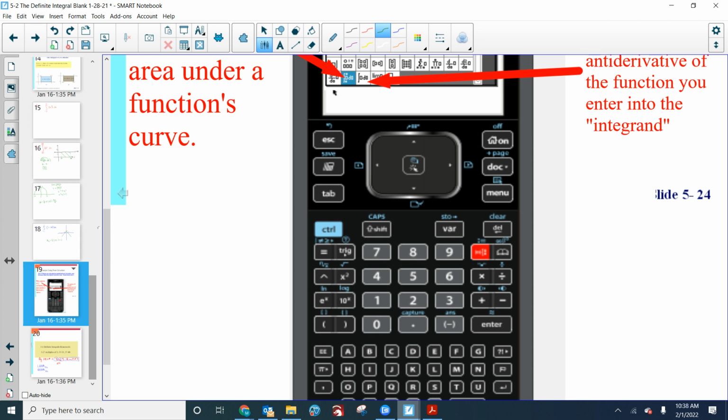What's its input? A of x. What's its input? X. And what does x mean in the context of this problem? What was x in our picture? The upper bound. Okay, add up area, add up area, add up area, add up area, stop. Wasn't x the stop sign?